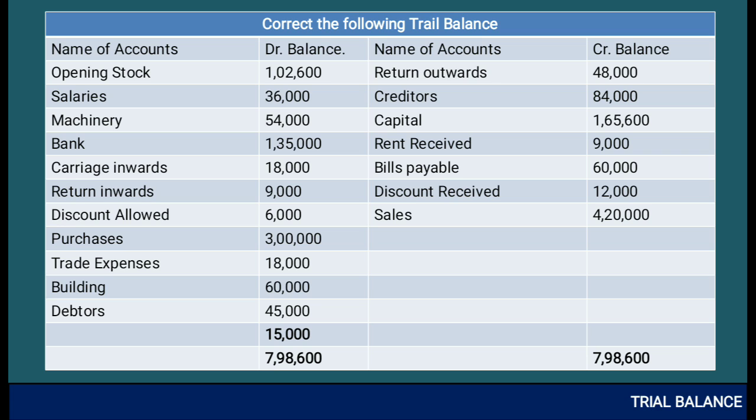And at the last we have seen how to open a suspense account if the sums of debit side and credit side are not equal. In that case we have to make them equal by writing up an amount by the name of suspense.